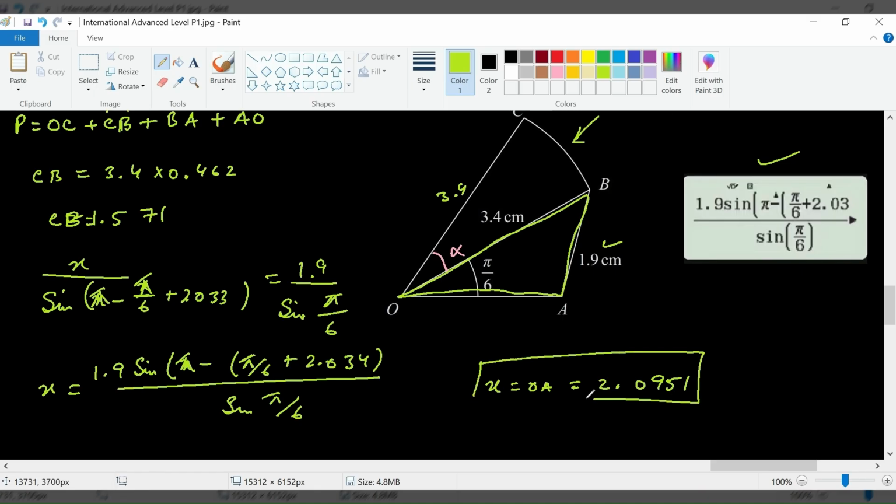Now that we have all these values together, 2.0951, and 1.571. Now we add up all these to get the perimeter of the shape.